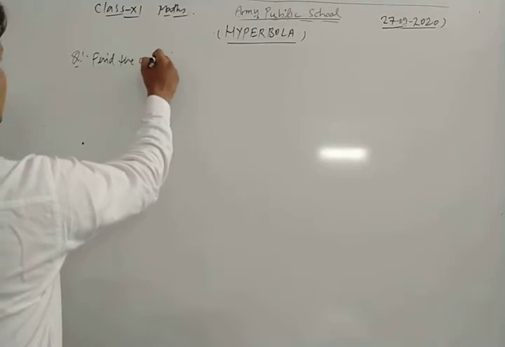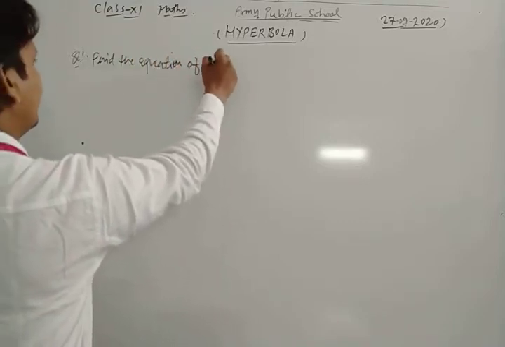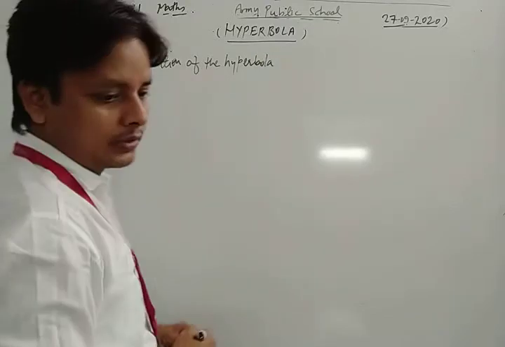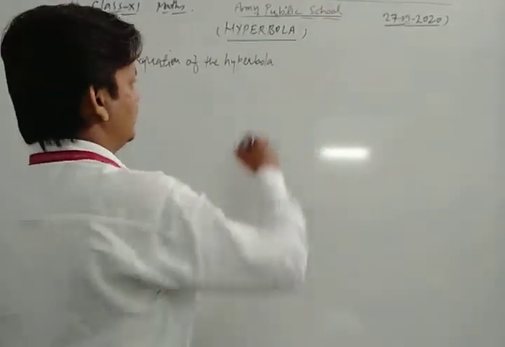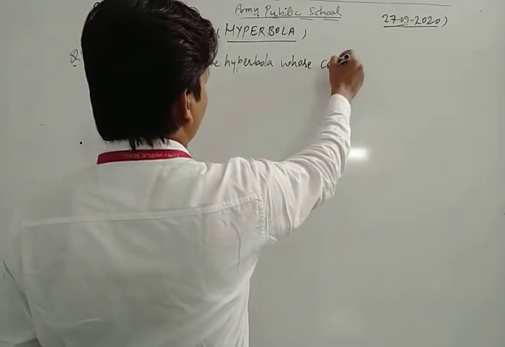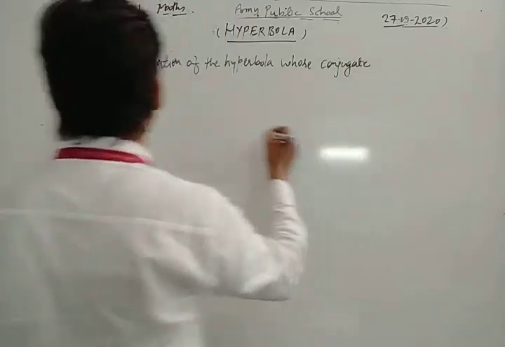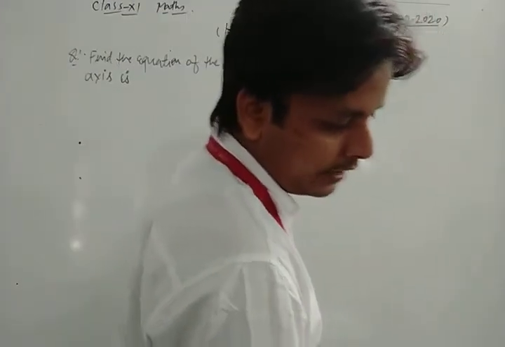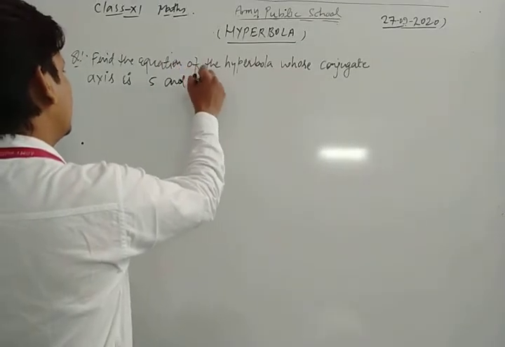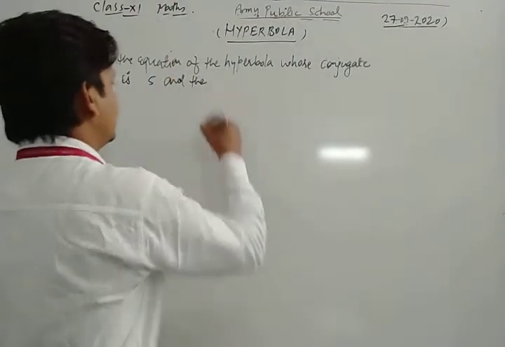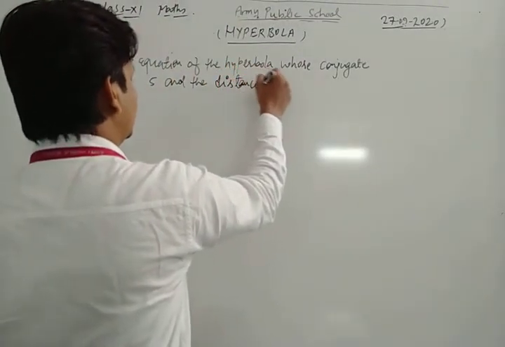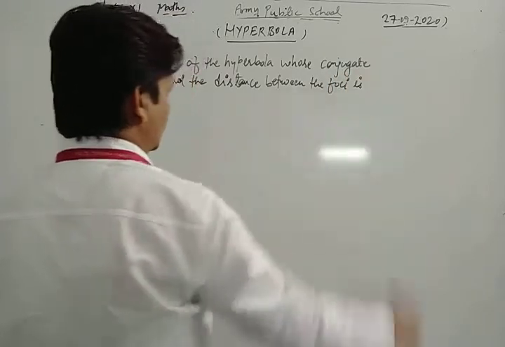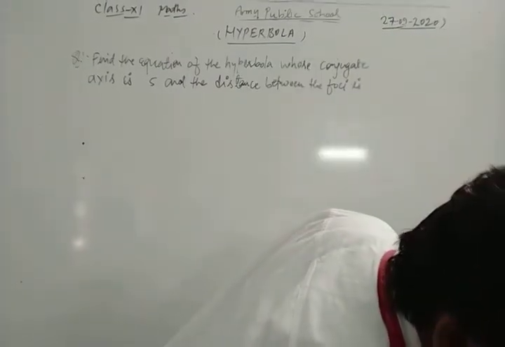Find the equation of the hyperbola whose conjugate axis is 5 and the distance between the foci is 13.